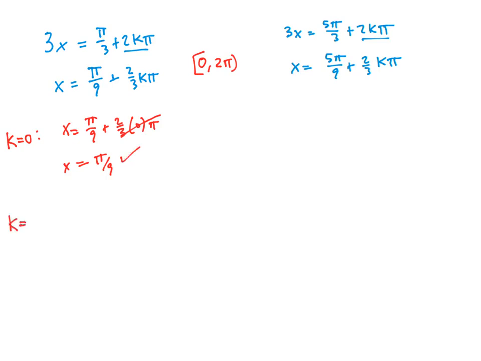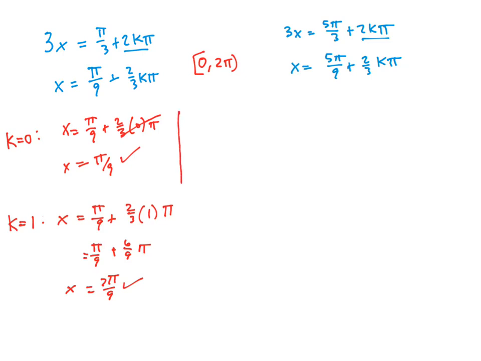We proceed in this fashion until we reach a value that is not in that interval. If k is equal to 1, we get pi over 9 plus 2/3 times 1 times pi. 2/3 times 1 is just 2/3. I'm going to write that with a common denominator, so 6 over 9 pi. So we get pi over 9 plus 6 pi over 9, which is 7 pi over 9, and that is also in the interval.